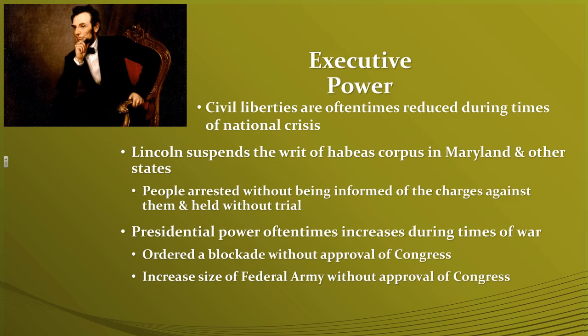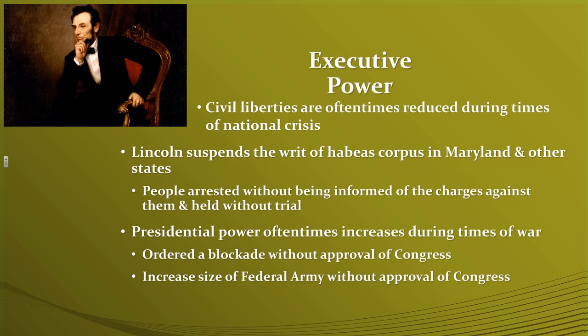Lincoln's executive power dramatically expands during the war. This is often correlated with guys like Woodrow Wilson in World War I, FDR in World War II, and Lyndon Johnson in Vietnam. You see executive power expand dramatically, and concurrently, citizens' rights decline or get restricted during that time. So what did Lincoln do to expand his power?